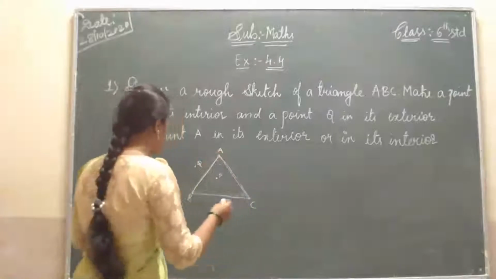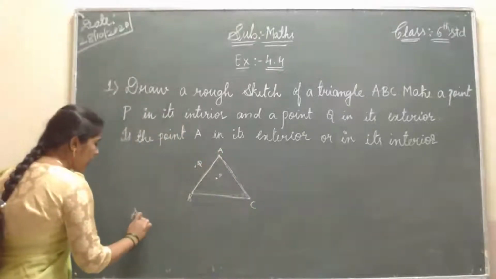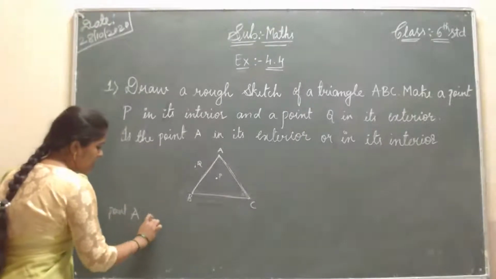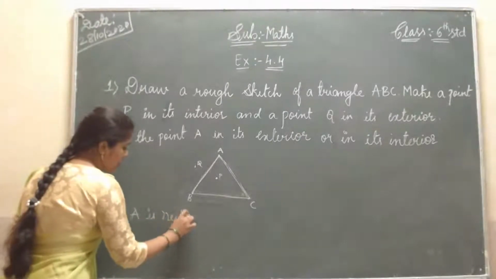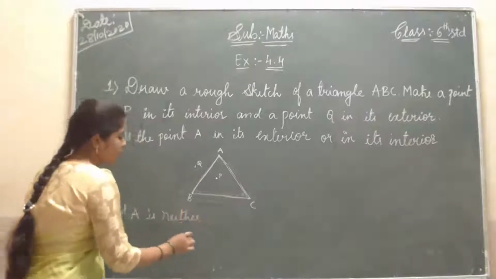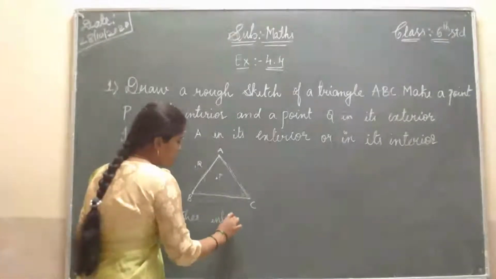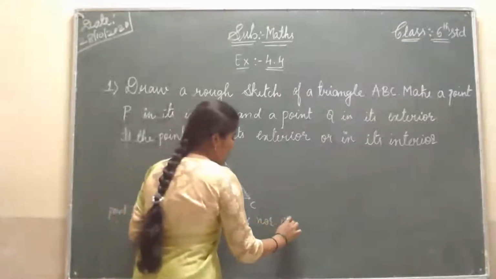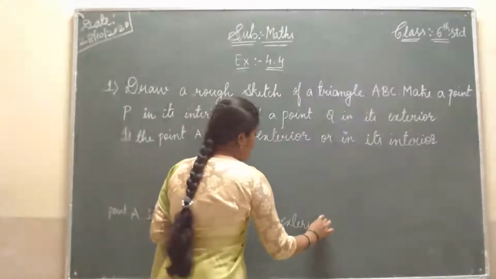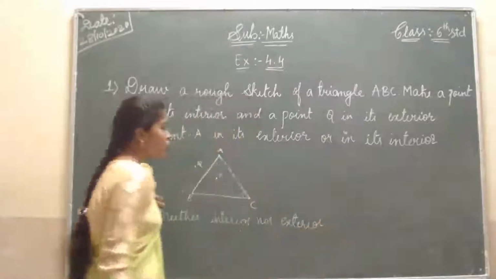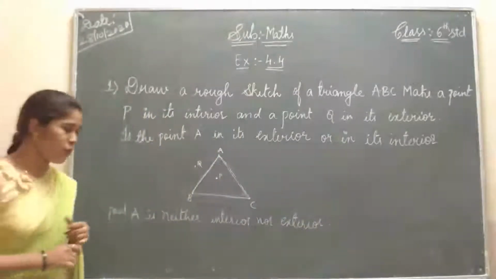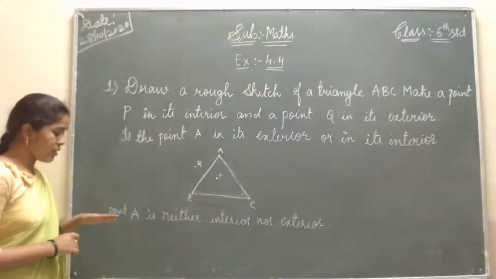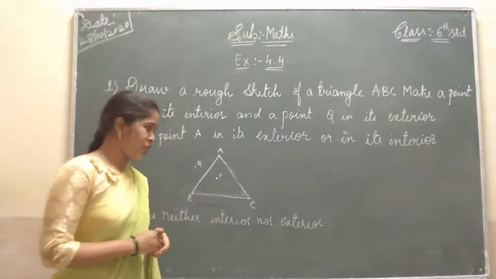So we have to write here: point A is neither interior nor exterior. If you want, you can write that A is a vertex, not an interior point, not an exterior point.